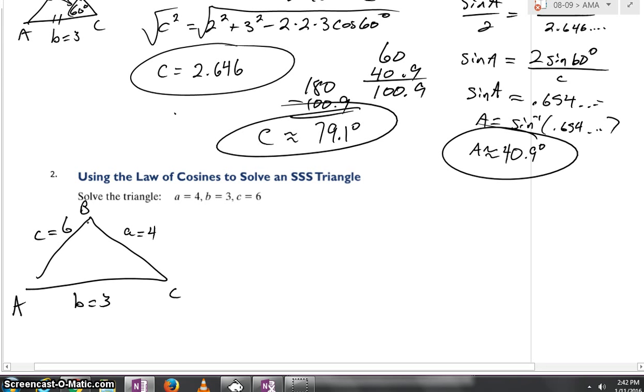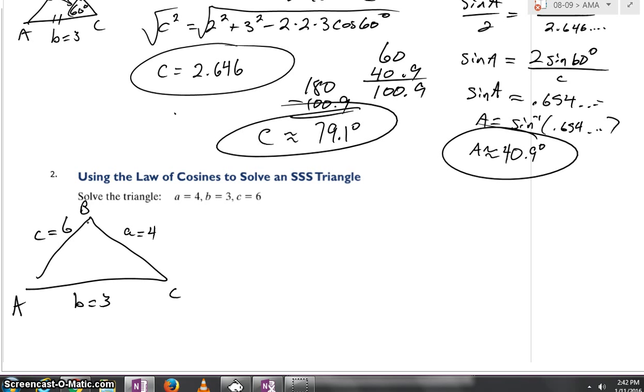You see, using the law of cosines, you're going to be given either an acute or an obtuse angle when you solve for the angle. It's not like the problems we had with the ambiguous case using the law of sines. So that being said, sometimes kids look at this and they'll say, I'm sorry, I don't know where to begin.